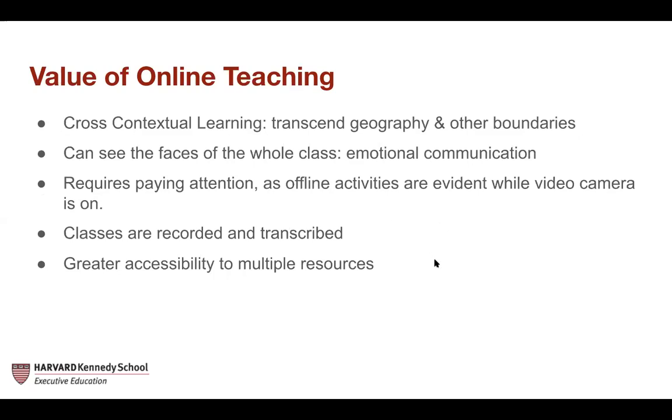The fact you can see faces of the whole class brings a kind of capacity for emotional communication that sometimes is not present even in a classroom, but it can be very present online in a surprising way.